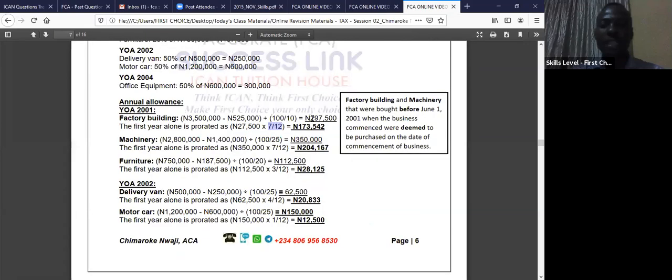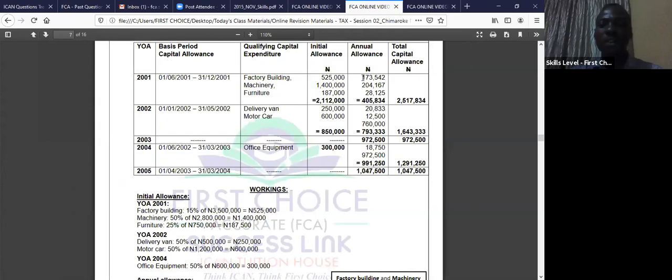That is how you are prorating this figure: 97,500 times 7 over 12. When you prorate, it gives you the figure we use here for the first year.